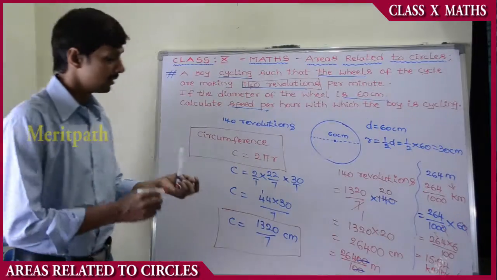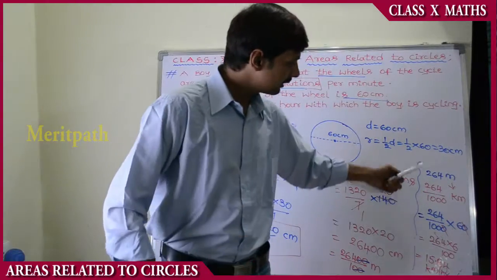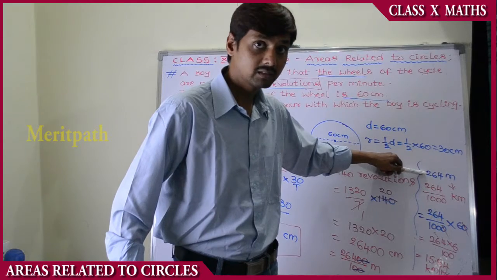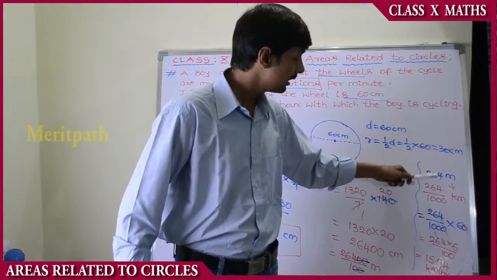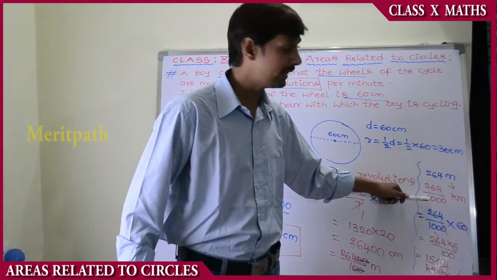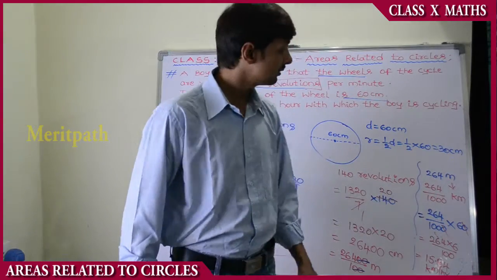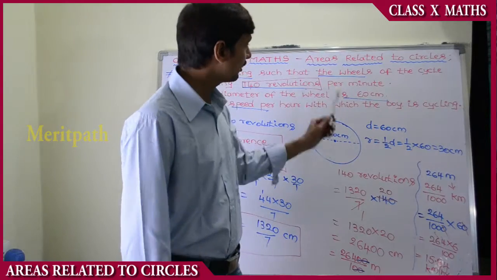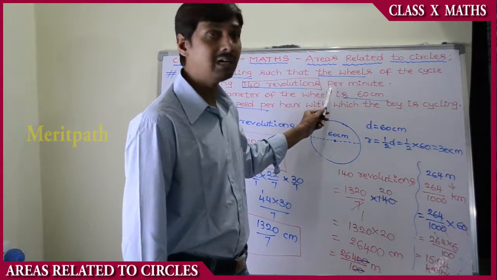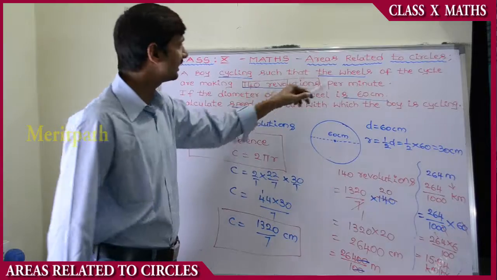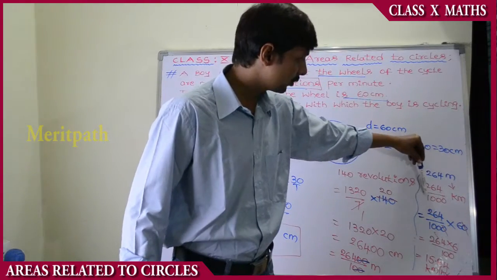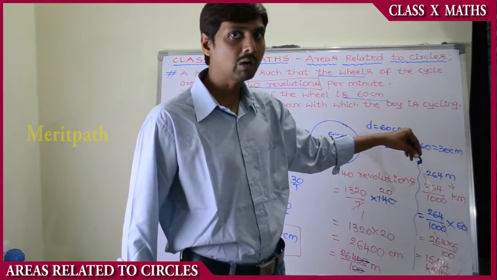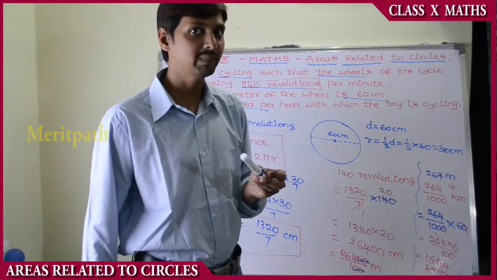So after multiplication, let's recall from here. That is 264 meters, and after this we changed it into kilometers. Then it became 264 by 1000 kilometers. We need to find this per hour because 140 revolutions per minute is given, so this is per minute only. So let's find it per 1 hour. 1 hour is nothing but 60 minutes.